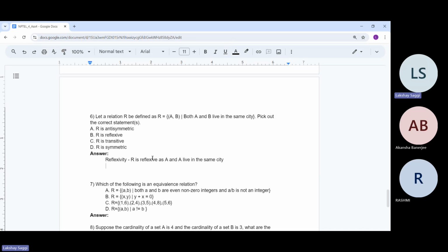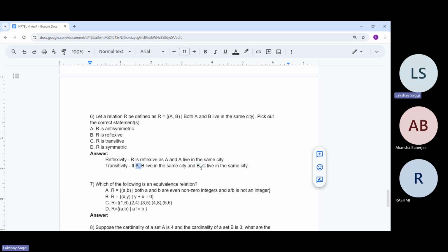Then we have transitivity. Suppose A and B live in the same city, and B and C live in the same city. Let's say the city was Delhi.